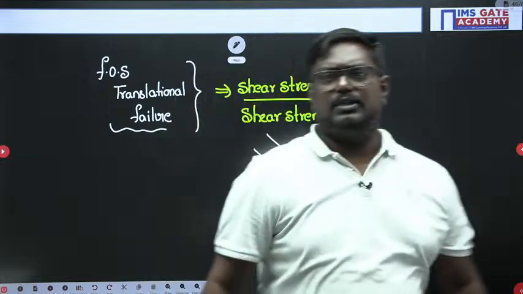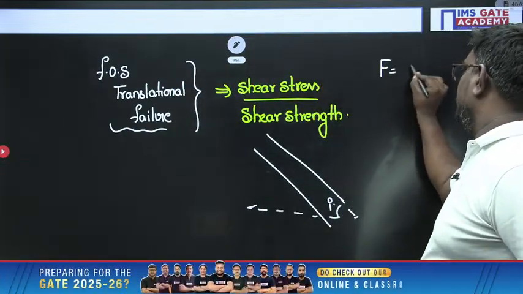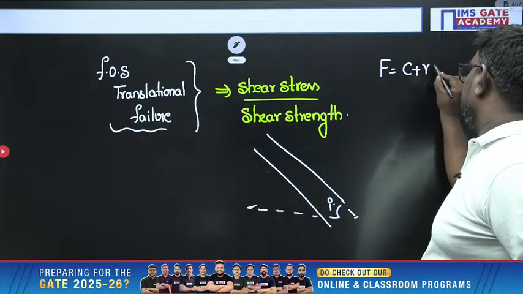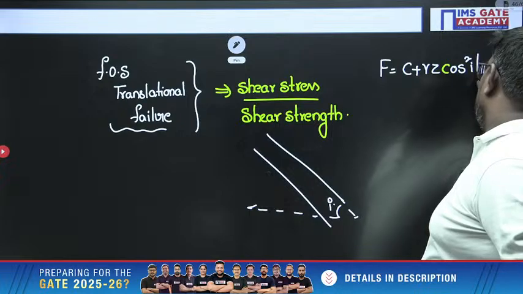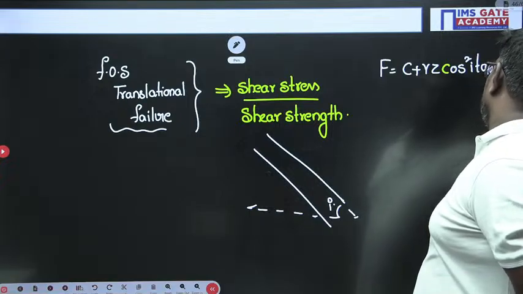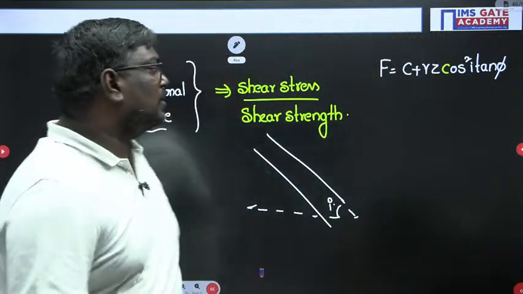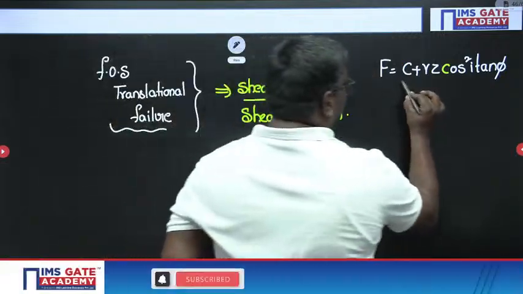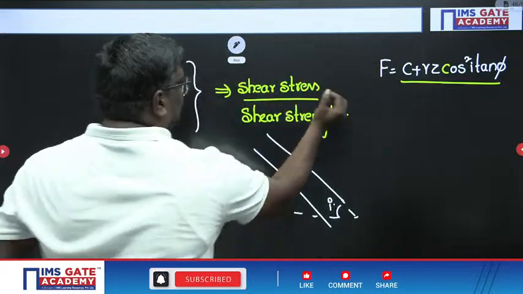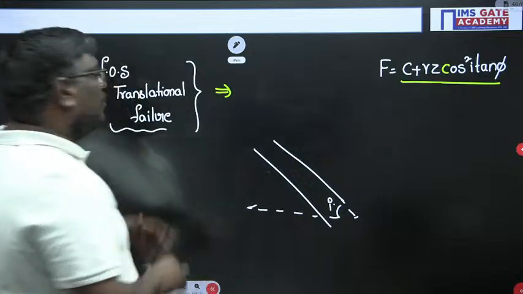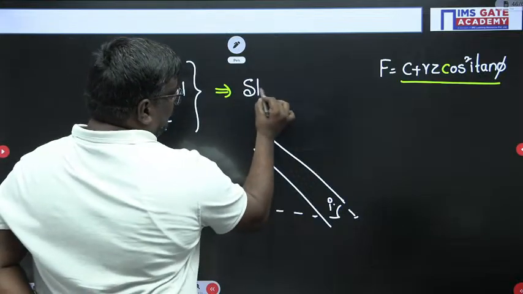Here, the generalized formula I will tell you after derivation. It is given by the formula c plus gamma z cos square i tan phi. What is i? The angle of the infinite slope. Sorry, a small change here: the factor of safety for translational failure is given by shear strength upon shear stress.